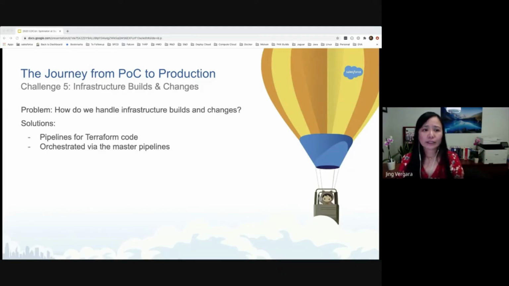The other challenge that we have is on infrastructure builds and changes. So typically, you would think that Spinnaker, a continuous delivery platform, can only handle software upgrades, right? But at Salesforce, we use it for more than that. We also use it to orchestrate infrastructure builds and changes.